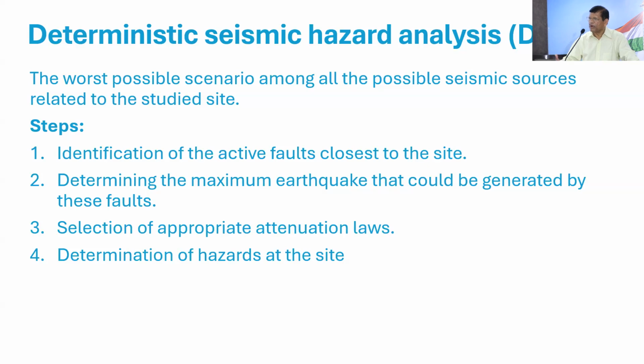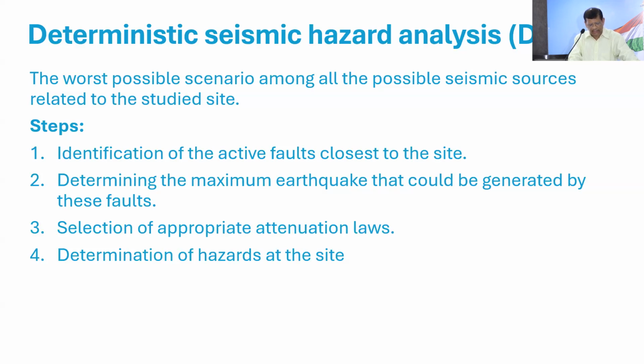And if active, then we develop the model to find what the PGA will be if the failure occurs along the fault plane. That's where we determine the maximum earthquake that could be generated by these faults.